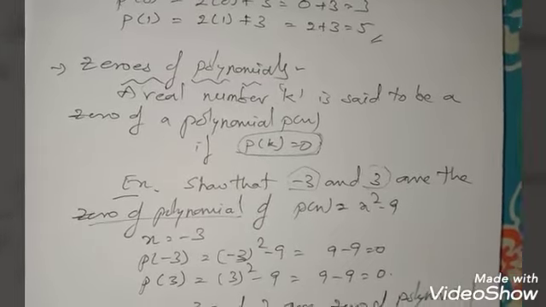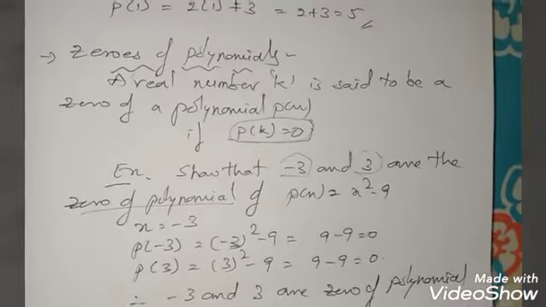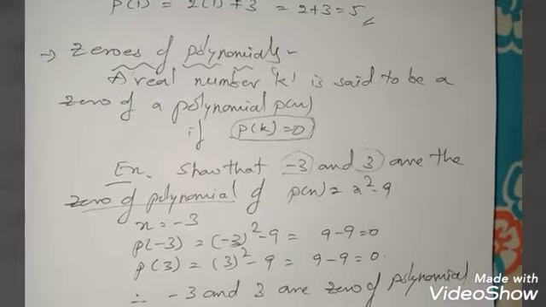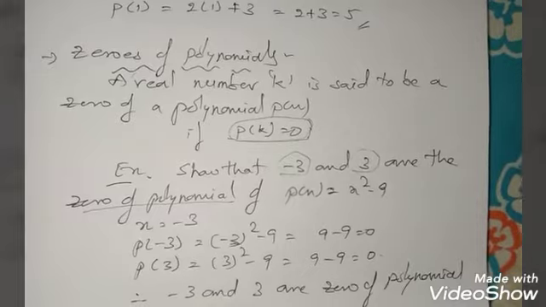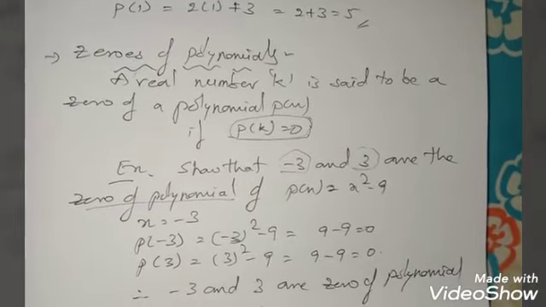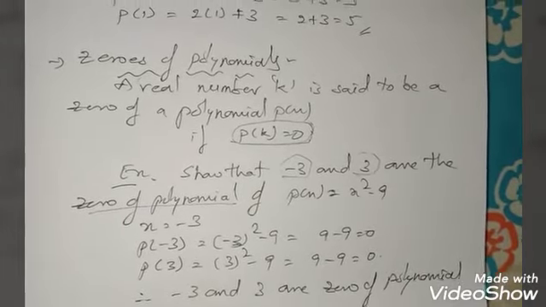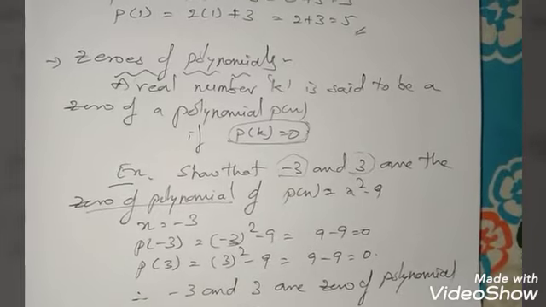There are three types of polynomials based on their degrees: linear polynomial if you have degree 1, quadratic polynomial if you have degree 2, and cubic polynomial if you have degree 3.